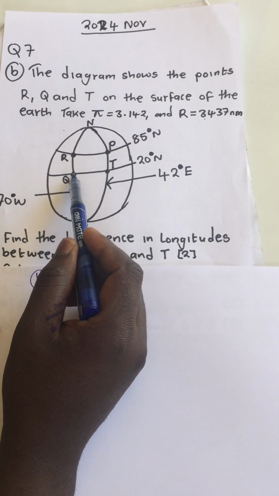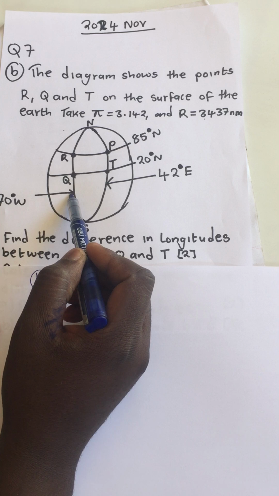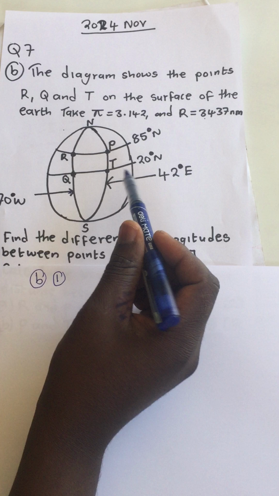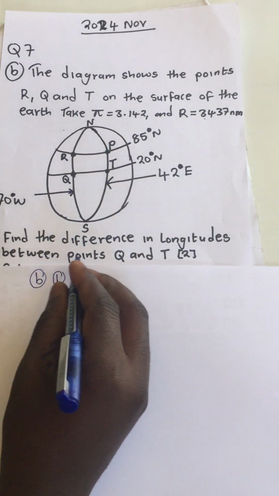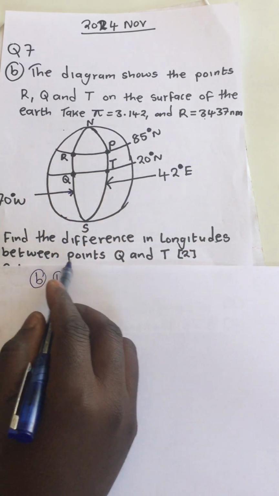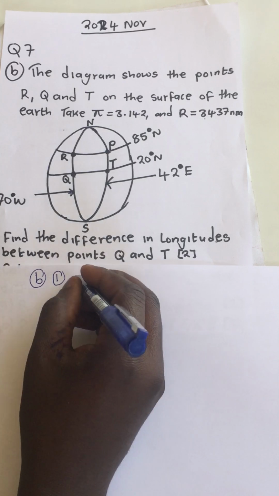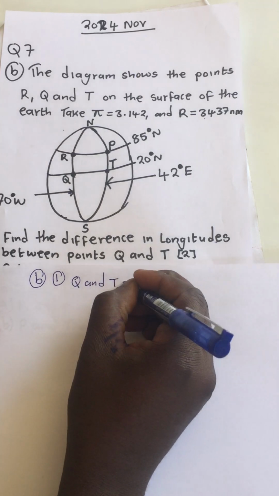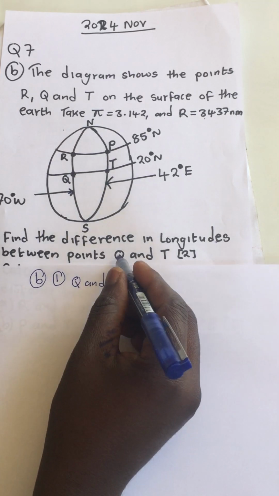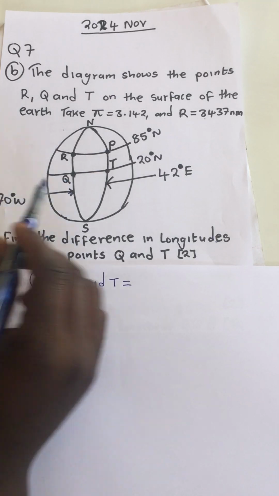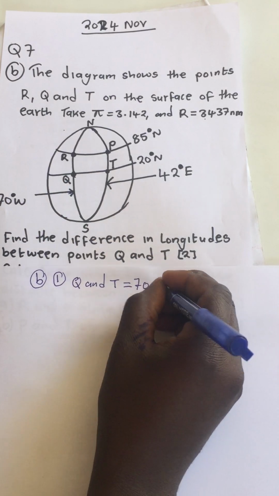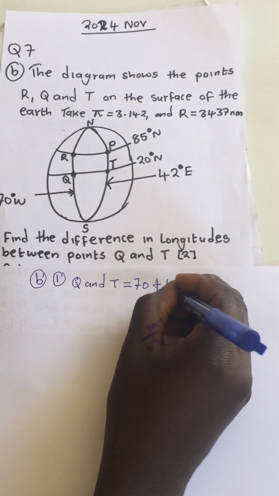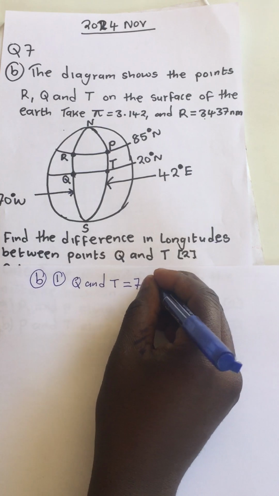So that is Q. The longitude for Q is 70. The longitude for T is 42. Since they say find the difference in longitudes between points Q and T, you say Q and T is equal to the longitude for Q, 70, plus longitude for T, 42 degrees.